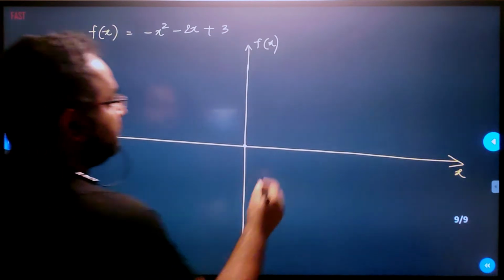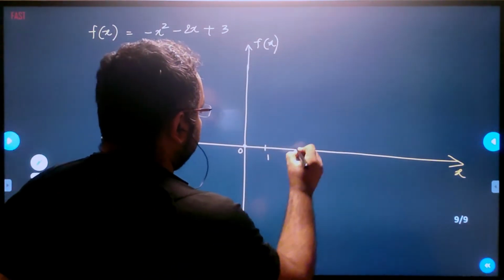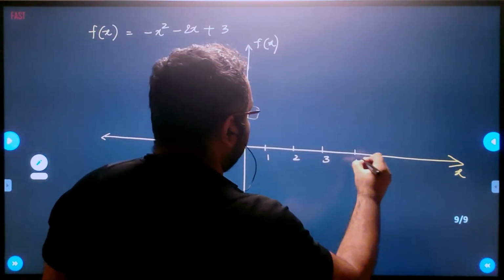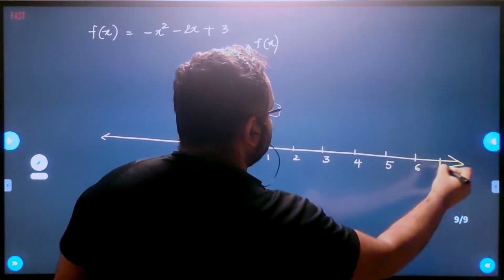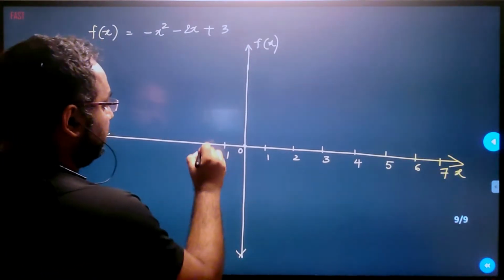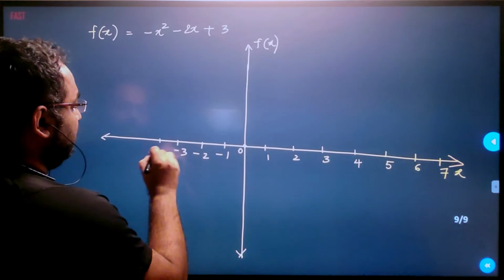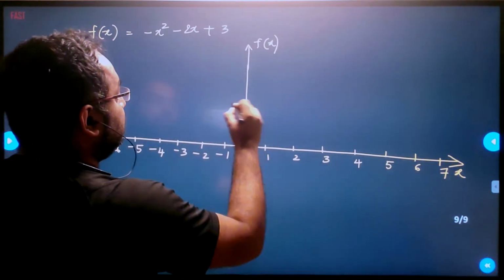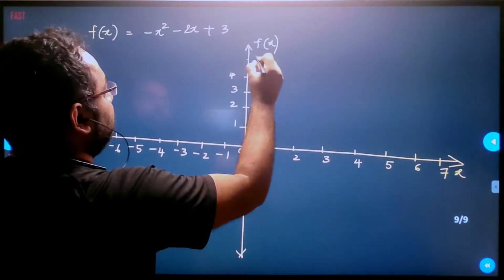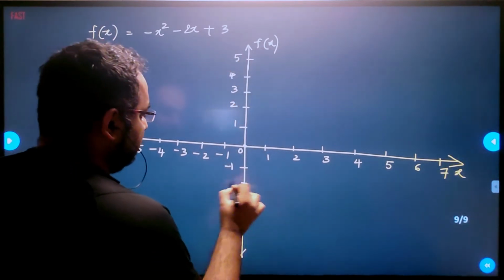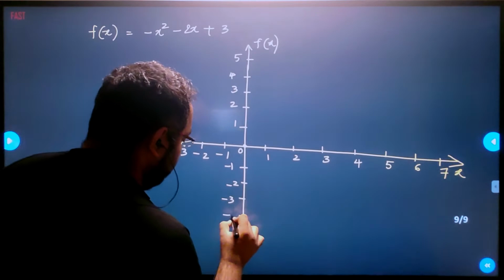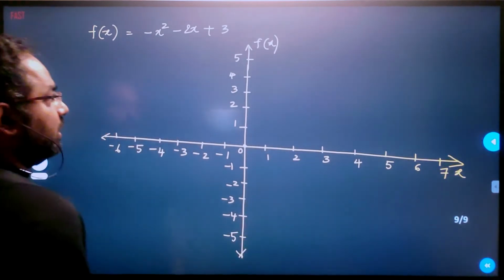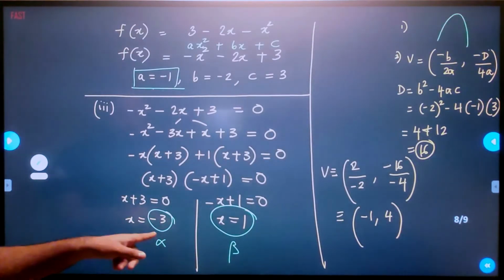Okay, so let me just put all the coordinates first. 1, 2, 3, 4, 5, 6, 7, minus 1, minus 2, minus 3, minus 4, minus 5, minus 6, 1, 2, 3, 4, 5, minus 1, minus 2, minus 3, minus 4, minus 5. Done. Now let's put this together.